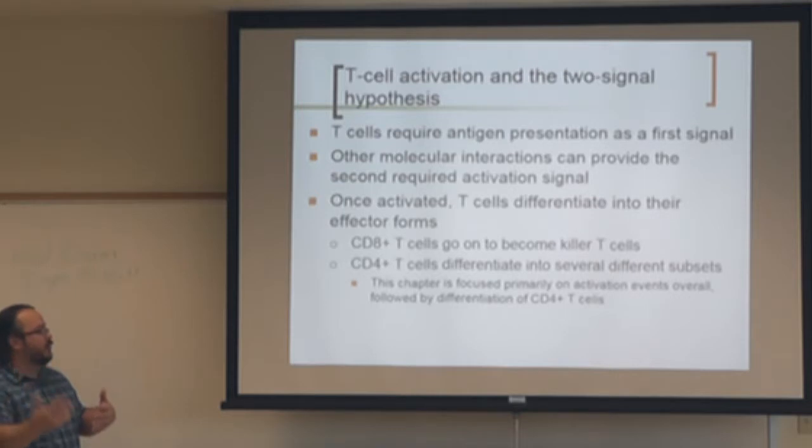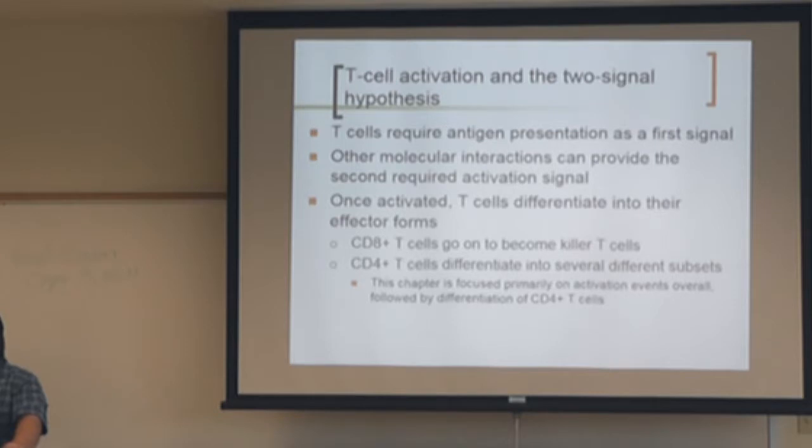You have to have a few MHC molecules that have antigen, recognized by at least a handful of T cell receptors. And then you also have to stabilize that interaction in order to get an activated T cell. So we'll talk about that.